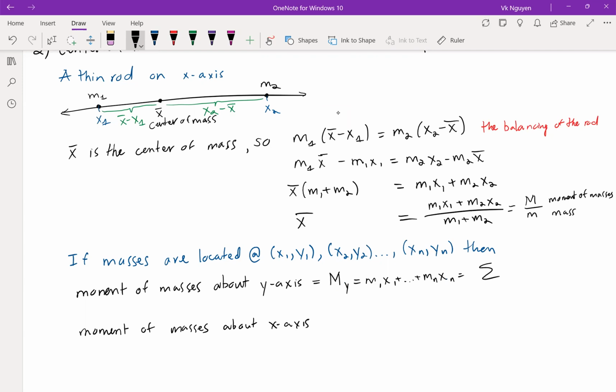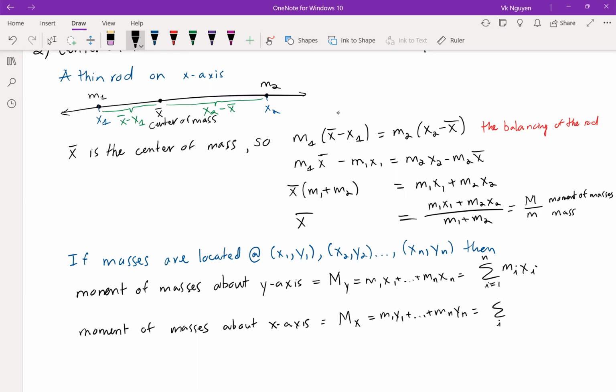A lot of people would just use the summation here: i from 1 to n of mi xi. For the moment of mass about the x-axis, it's going to be Mx, and it's going to be m1 y1 plus dot dot dot plus mn yn.